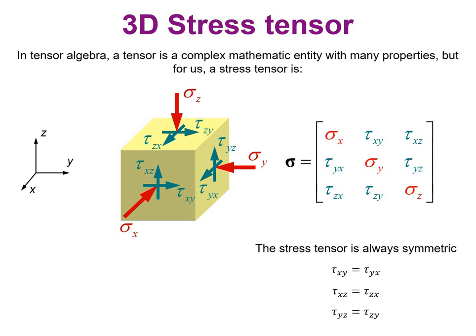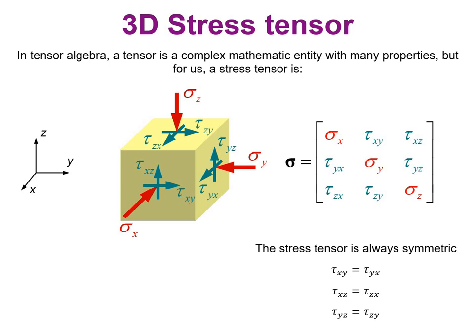So in the three-dimensional space, we have defined here the stress tensor graphically as this differential cube with axial stresses sigma x, y, and z, and these shear stresses that form this matrix, which is another way of representing the stress tensor.